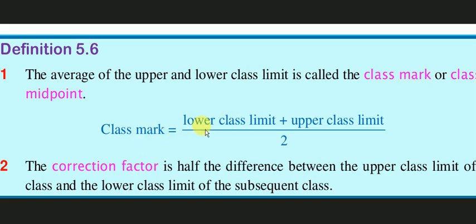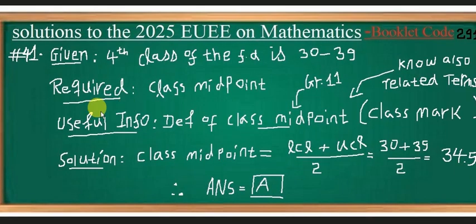Class mark is the lower class limit plus the upper class limit divided by 2. What's lower class limit? What's upper class limit? Separately, you have to recall those terms, and you can get them in grade 11 students textbook.